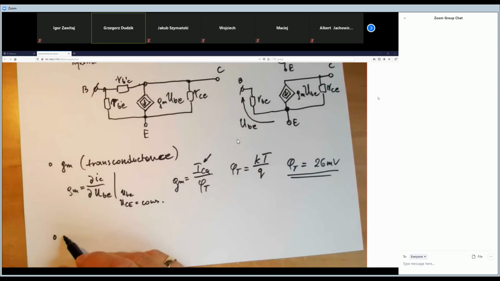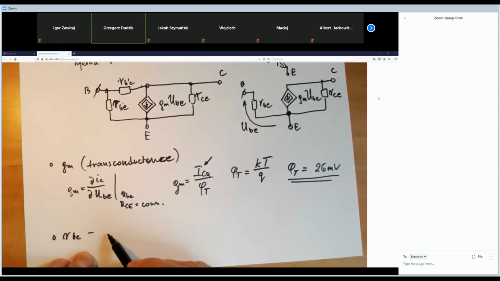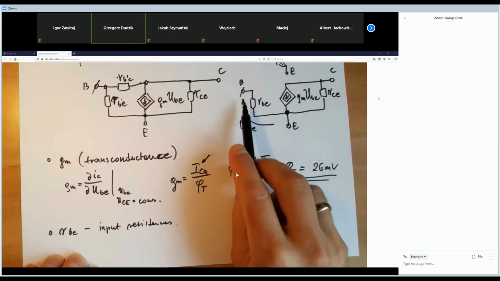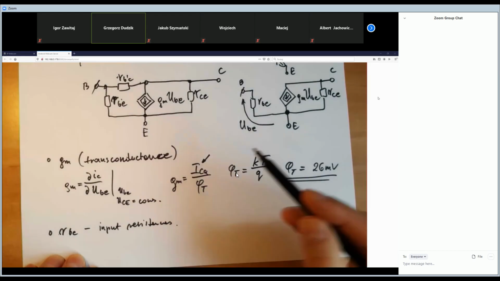Okay, next thing. The RBE. As you see, this is the input resistance, the resistance between the base and emitter.